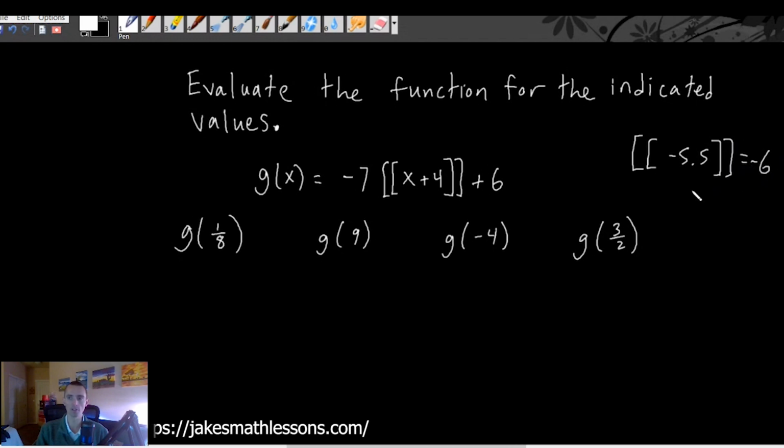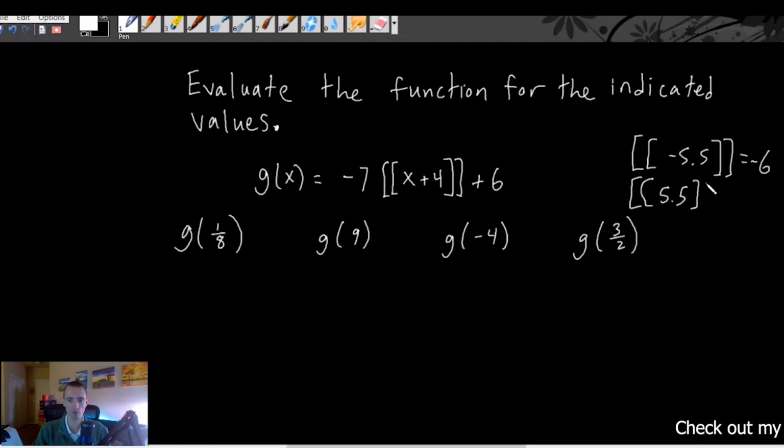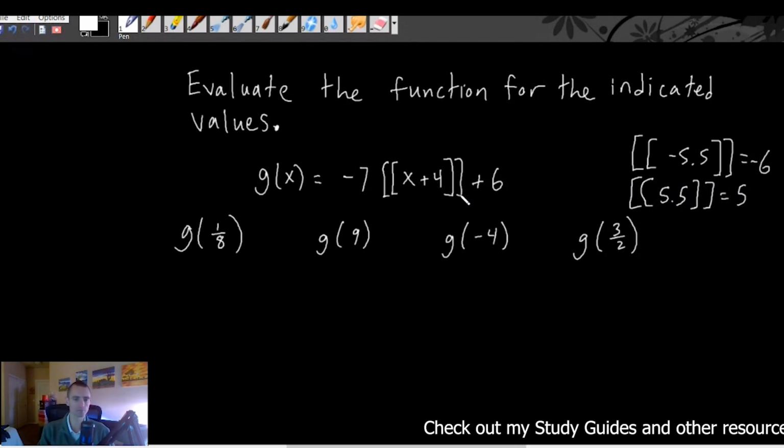So the nearest integer that is less than or equal to -5.5 would be -6. If you have a positive number though, it's basically just going to drop the decimal. So the step of 5.5 is going to be 5. So that's basically what this double bracket means and what it does.